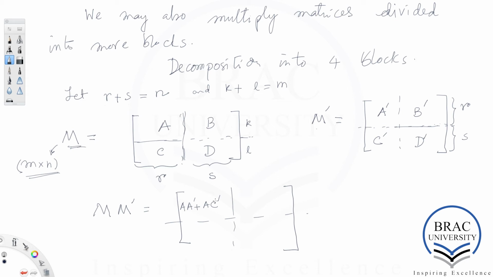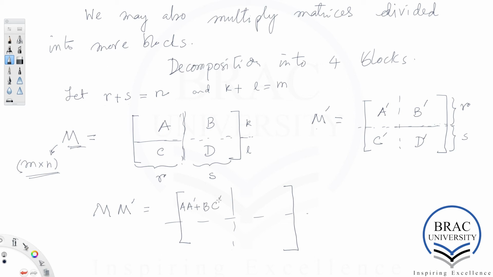You see that both AA prime and AC prime make sense, since the number of columns of A is the same of, sorry, I think I made a mistake here. AA prime plus B times C prime.